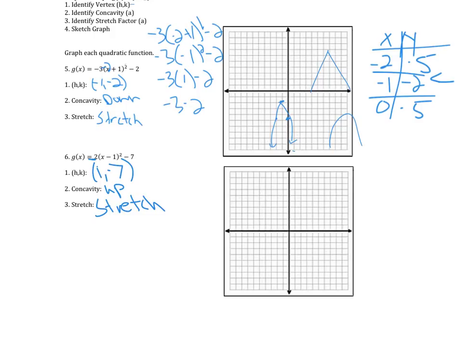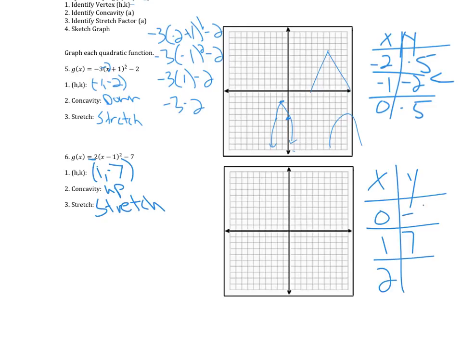So again, pick some points on each side, so I'm going to go with 0 and 2. And then once we work those out, we get negative 5 and negative 5.